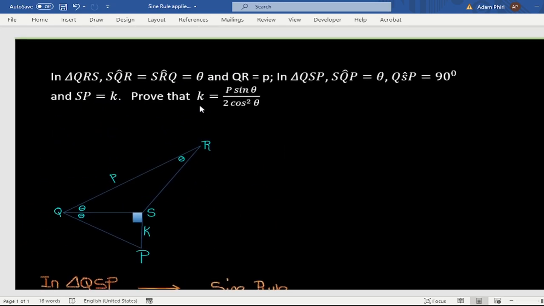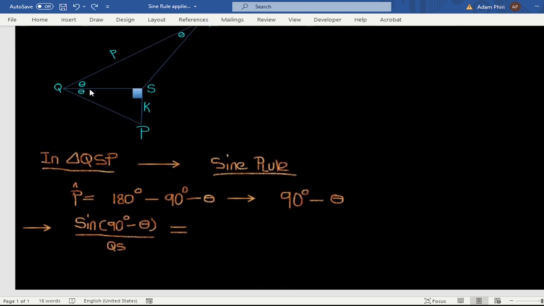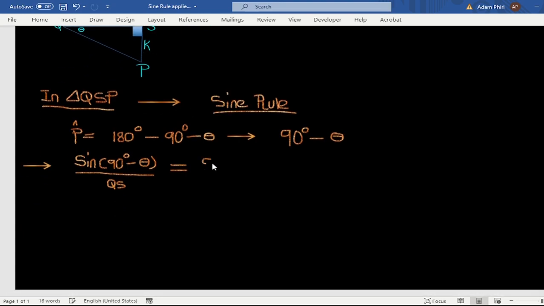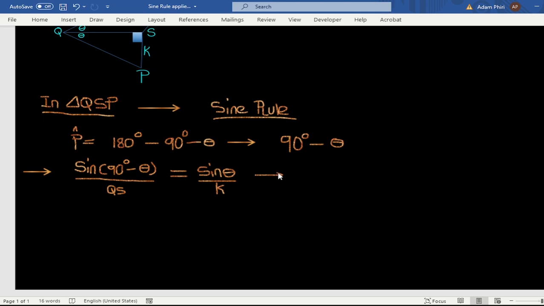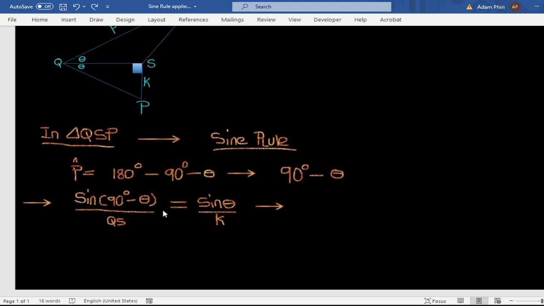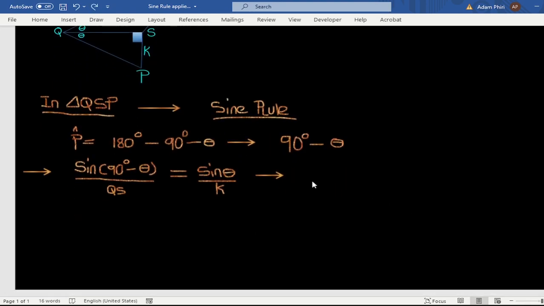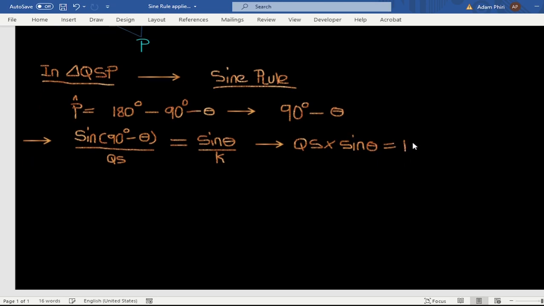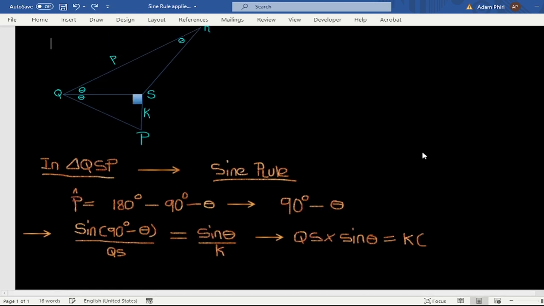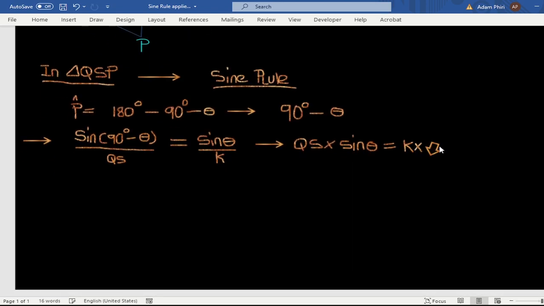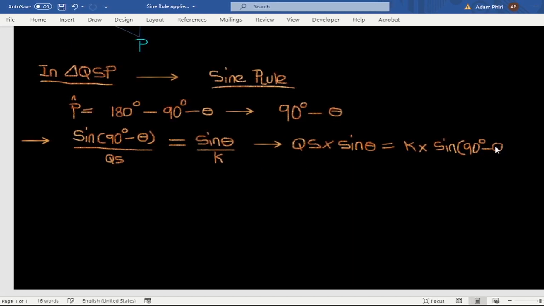And on the other side of the same triangle, where we need to find K, the opposite side will be the angle, which is sine theta over K. So sine theta over K, cross multiplying, will give us QS multiplied by sine theta equals K multiplied by sine 90 degrees minus theta.